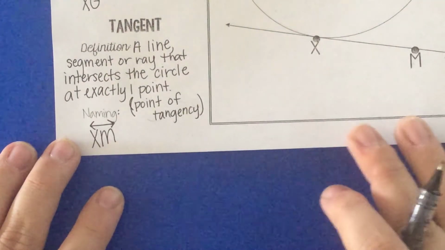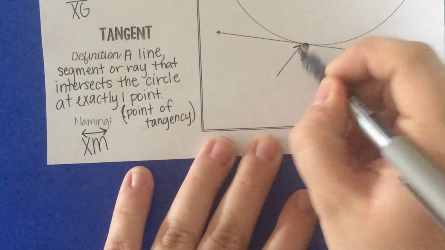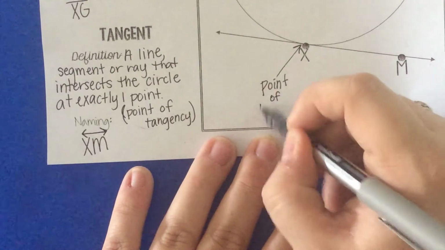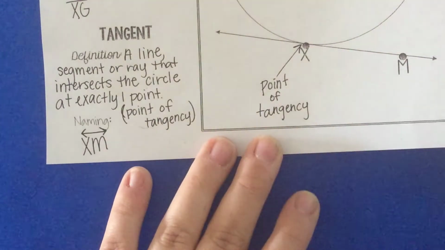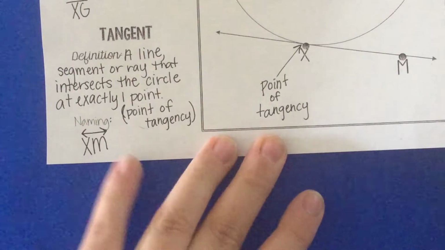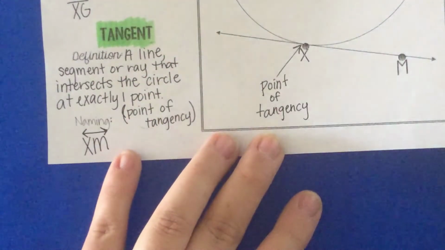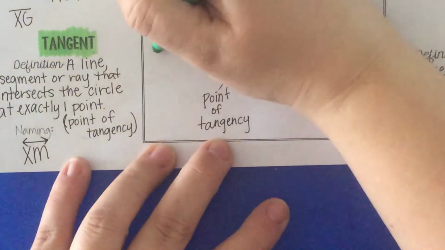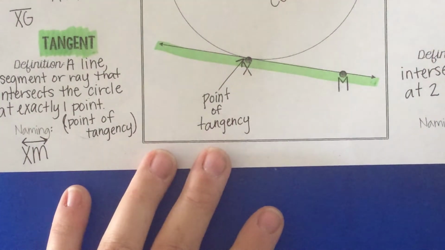Now our point of tangency on this picture would be where it hits the circle, which would be point X. So in our 4th color here, I'm going to use green. We've got a tangent line, and we are going to highlight that whole line, that whole distance.